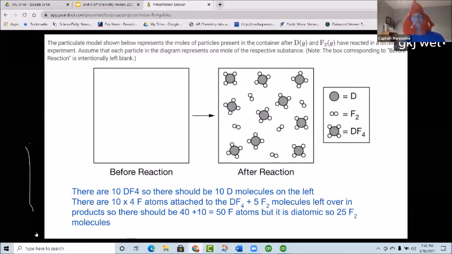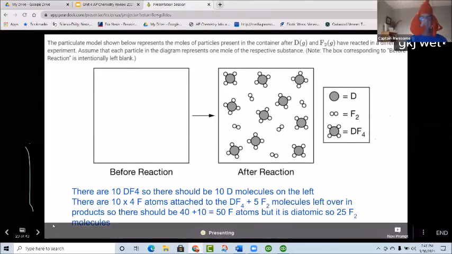Plus you have another 5 F2 molecules in there. That means there's a total of 50 F atoms. But keep in mind that fluorine is diatomic. So the correct answer there would be not 10 and 50, but 10 and 25. The tricky part was it's F2s, right? Yeah, there's 50 F atoms, but you go, oh, they're diatomic, so I've got to cut that number in half.